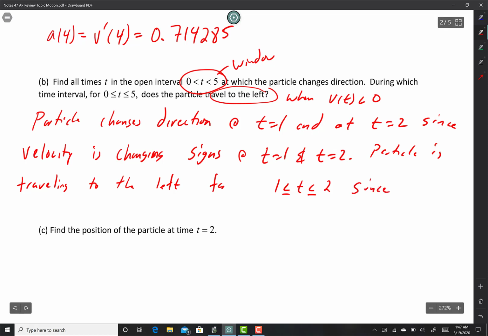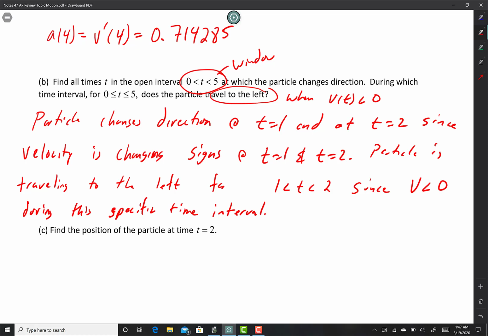Since velocity is negative, so I'm going to take out the, but it's fine with or without. Since velocity is negative during this specific time interval. And there it is, guys. I believe that's full credit right there. We've answered all the questions.